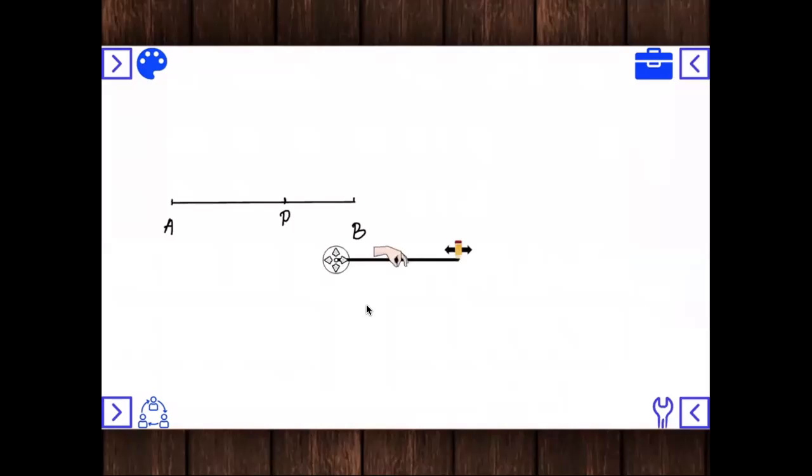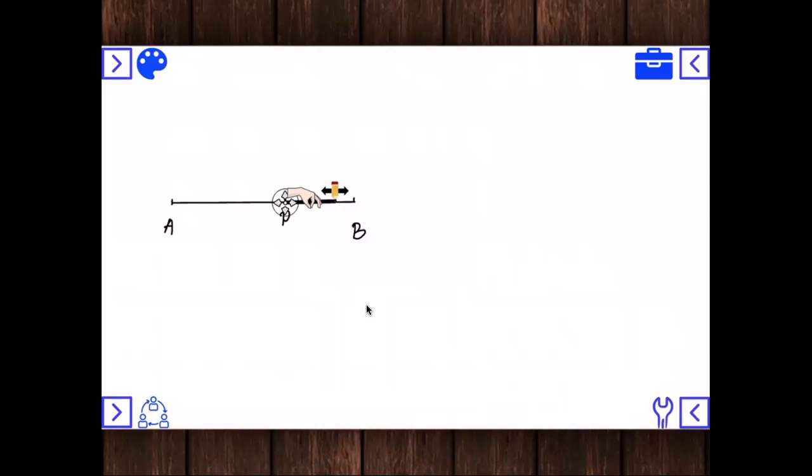So the first step, we put a compass on point P and we choose a suitable radius and draw an arc that cuts AB at C and D. Okay, so basically what we're doing here is we're trying to bisect the straight angle APB.